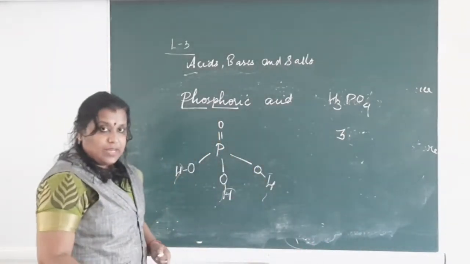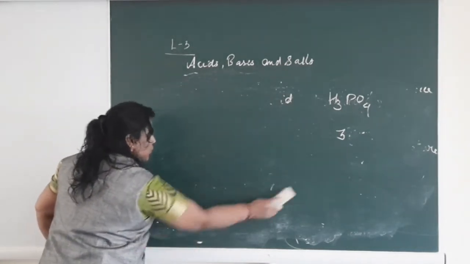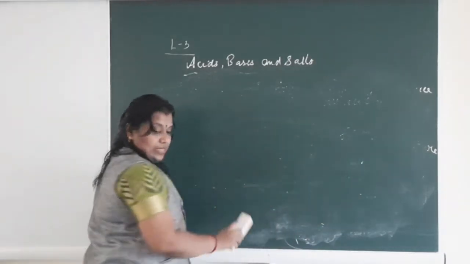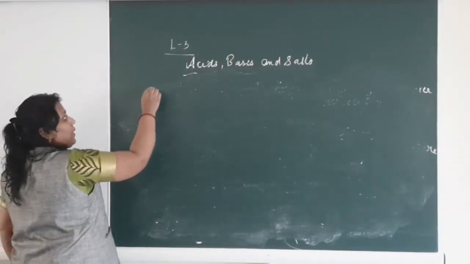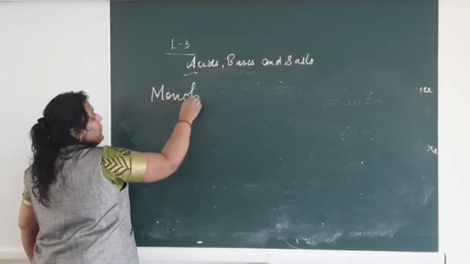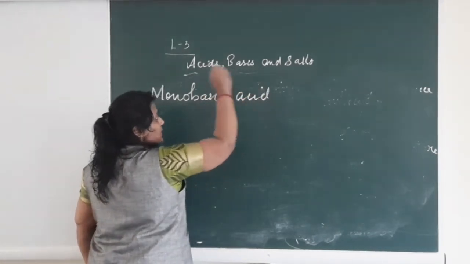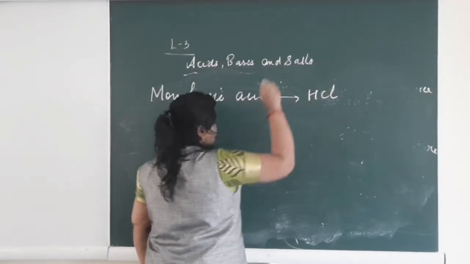Fine. Now, when we come to the types of salt which the acid makes. Suppose, for example, I write down monobasic acid, example, HCl. Okay?